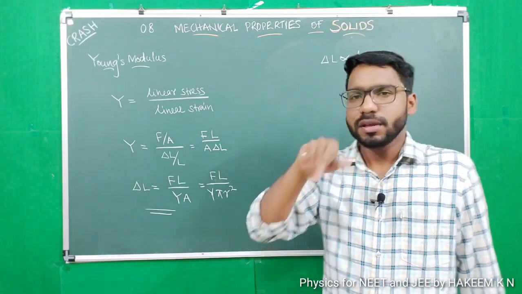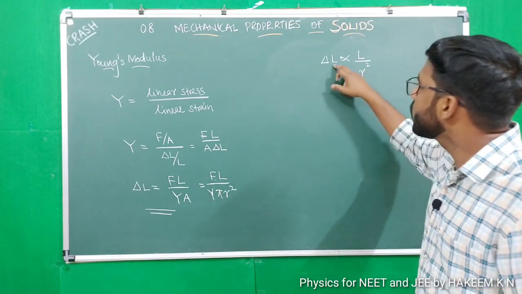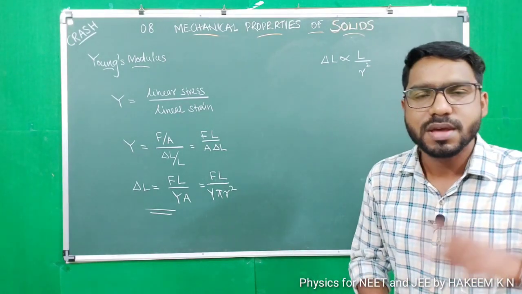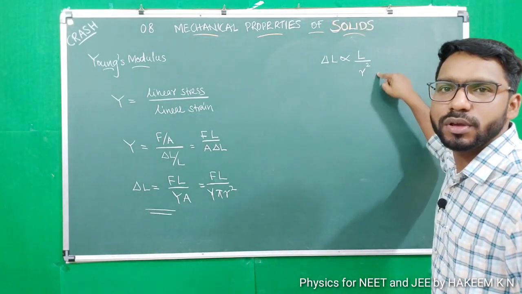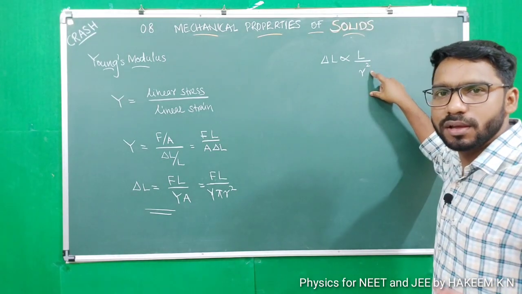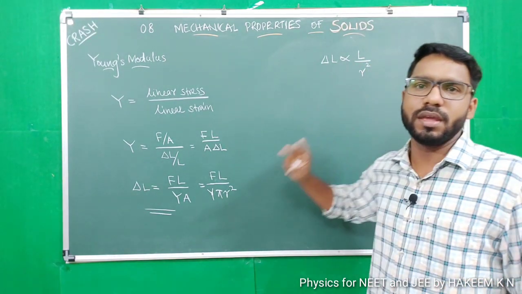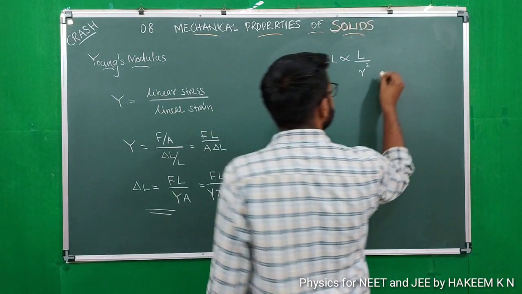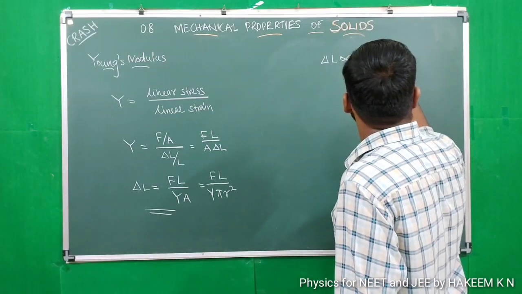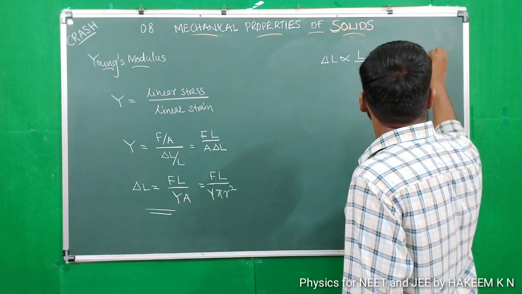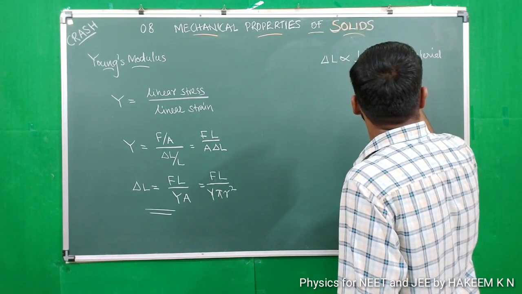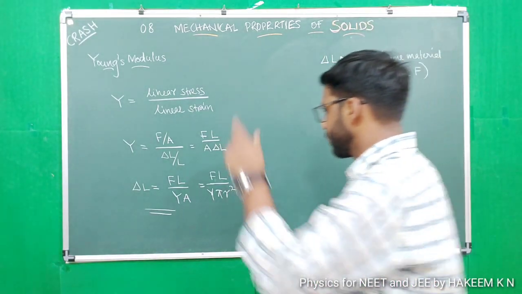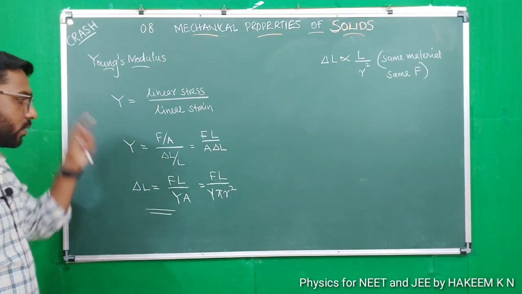Material is same, then Y is same. In which rod elongation is maximum and in which rod elongation is minimum, we can find using L by R square. As L by R square is maximum, change in length will be maximum. Here we can write the condition: same material, same force. Then we can use delta L proportional to L by R square.